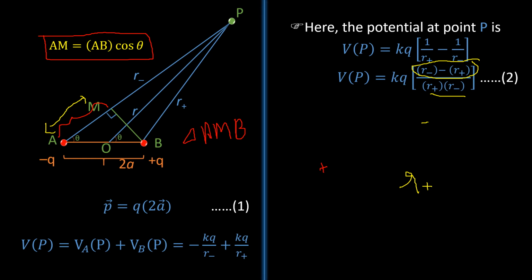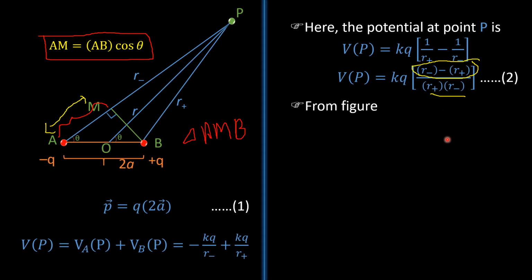We'll replace the numerator R negative minus R positive with AM, and we have AM is equal to AB cos theta. Not only that, we also know that AB is 2A, so AM can be written as 2A cos theta. So the numerator will be 2A cos theta, and in the denominator we'll take R and R, so the denominator will be R square.